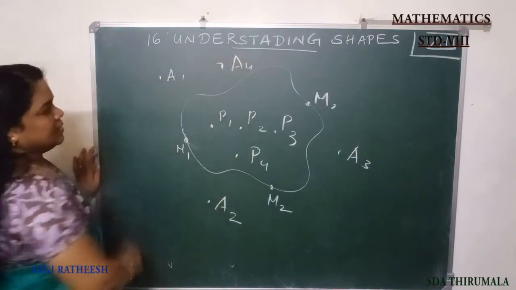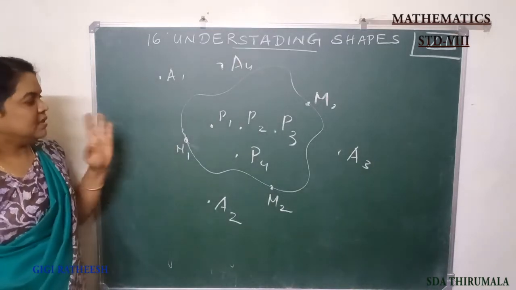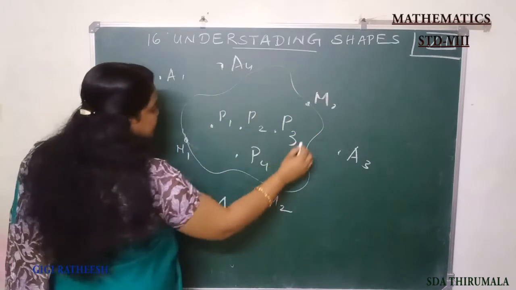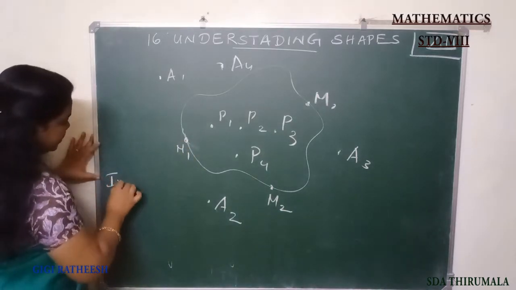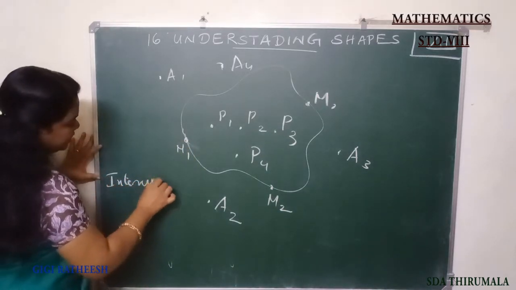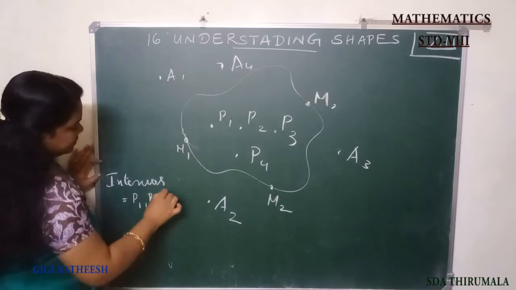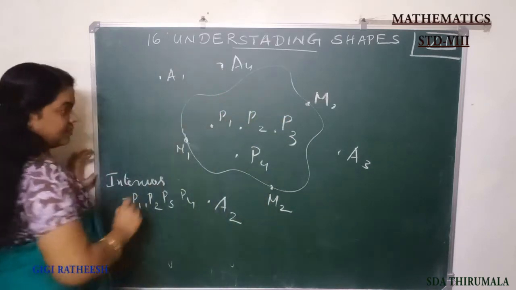The first one is the interior part. The interior part of this closed curve is the set of points inside it, that is P1, P2, P3, P4. This is the interior part of this closed curve.